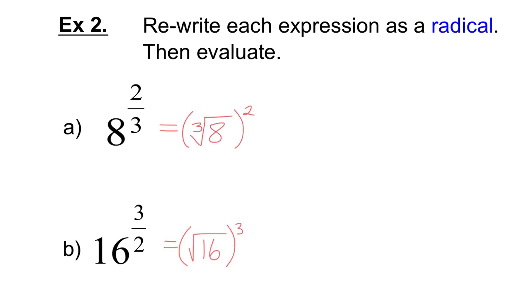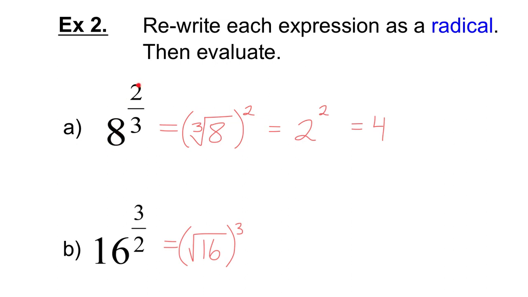Here I've rewritten each of these expressions as a radical. For the first one, it's the cubed root of 8 to the exponent 2. For the second one, it's the square root of 16 to the exponent 3. And now I can just use my calculator to figure out what the cubed root of 8 is, and then evaluate the expression.